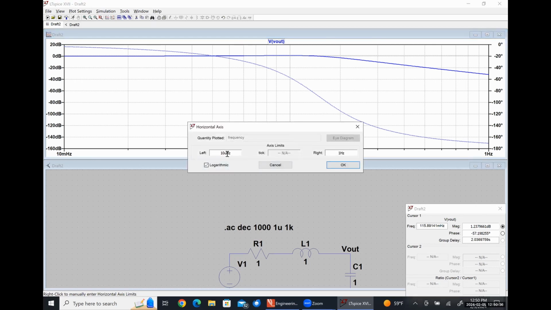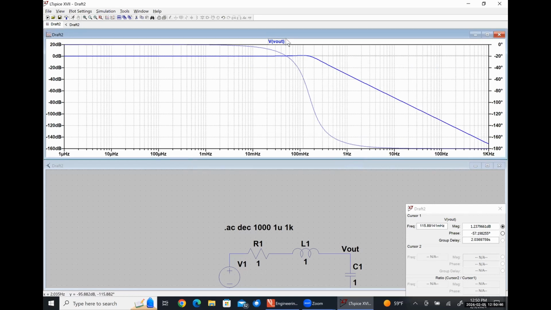So I think I did this from 1 micro to 1 kilo earlier. And where is my thing? Here we go. So let's say right here where we're at 1 hertz, or as close to it as possible, right?